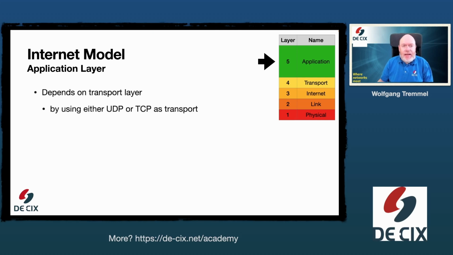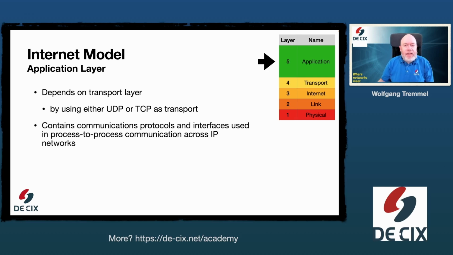The application layer depends on the transport layer by usually either using UDP or TCP as transport. It contains all kinds of communication protocols for transferring data like emails or web pages or files or video streams.